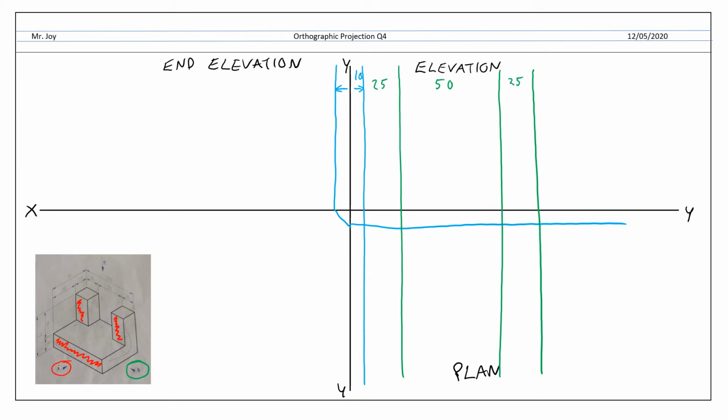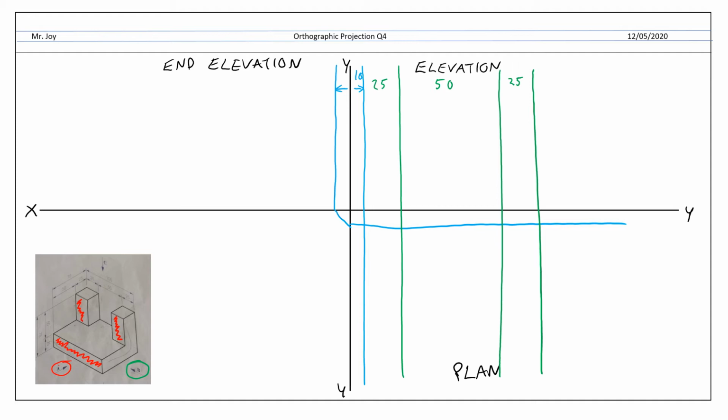Okay, and then that's transferred down for the elevation and the plan, and it saves time, killing two birds with one stone, almost getting your plan drawn at the same time as drawing your elevation.